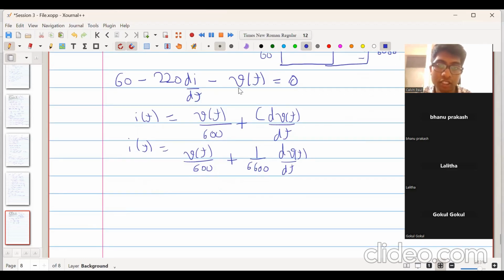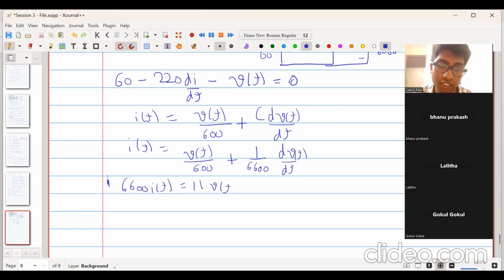From here we will get V of t equal to 60 minus 220 di by dt, so we will substitute over here. Before that, I multiply by 6,600 throughout. So I will get 6,600 into I of t. 6,600 divided by 600 is equal to 11.